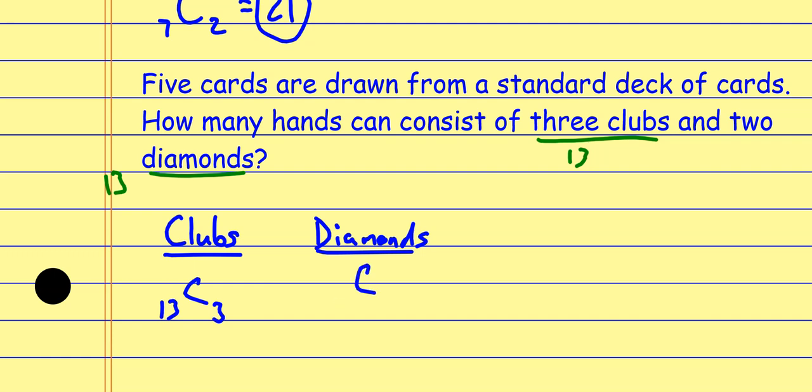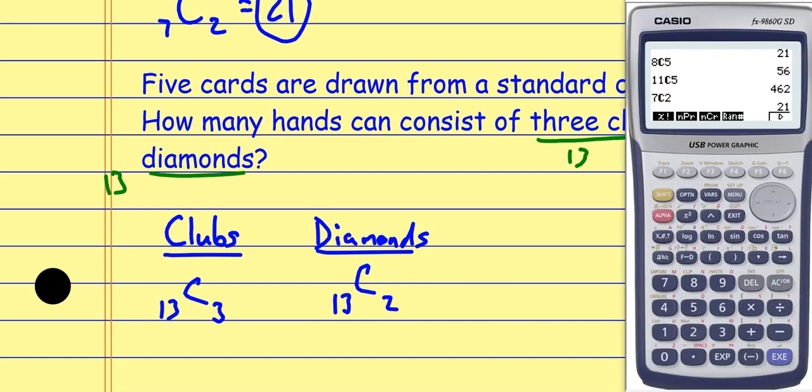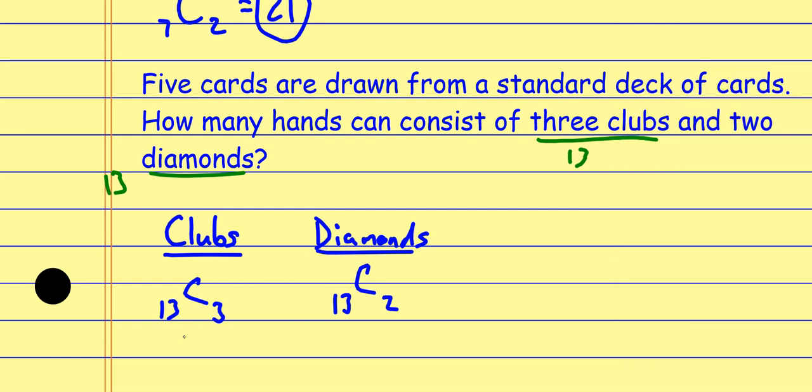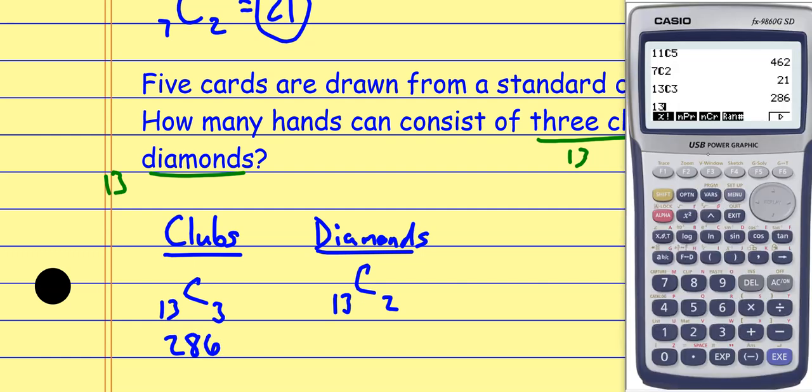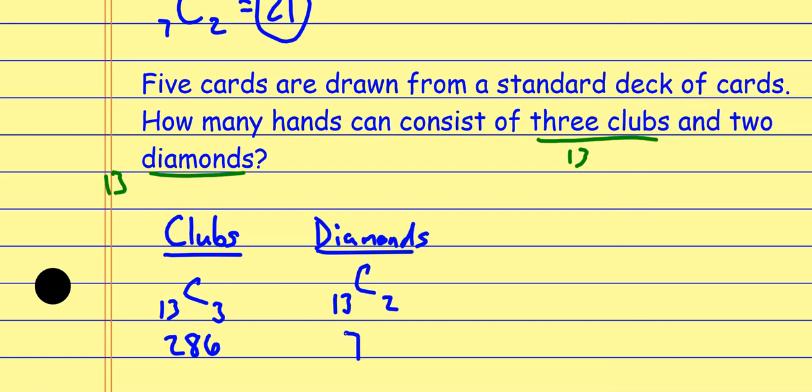And then for the diamonds, there are 13, and I want 2 of them. Okay? And so I find these 2 combinations, so 13, choose 3. That's a 286. And then I also have to do the 13, choose 2, which gives me a 78.